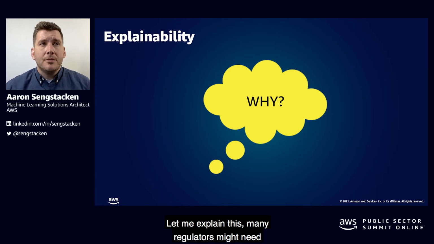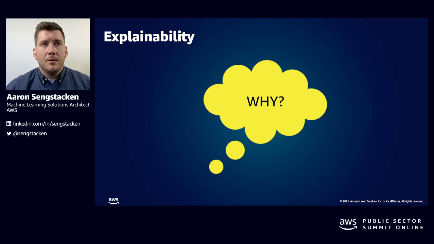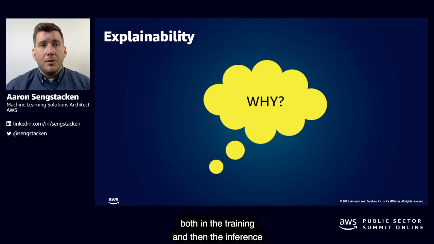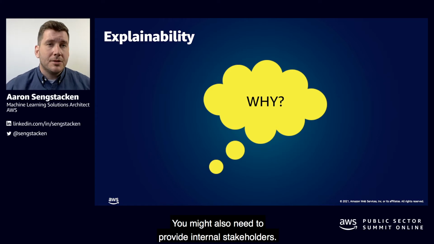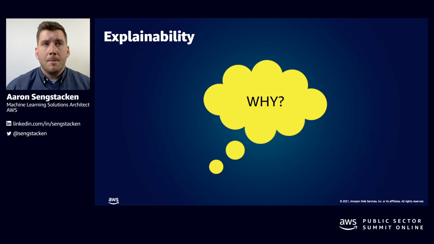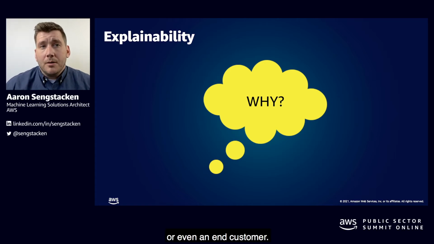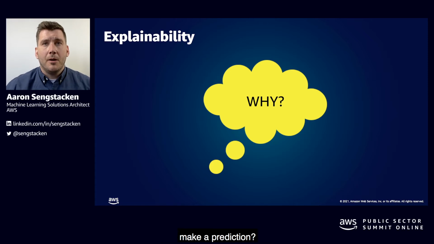Many regulators might need to understand why a machine learning model made a prediction. Was that prediction free from bias, both in the training and in the inference or the prediction? You might also need to provide internal stakeholders, maybe a customer service rep or a loan officer, or even an end customer, an explanation on why the machine learning model made a prediction.